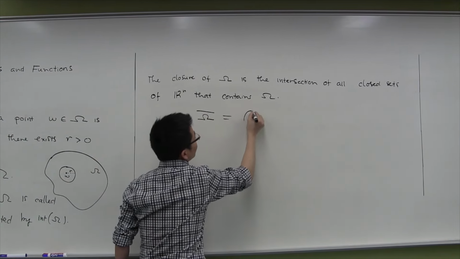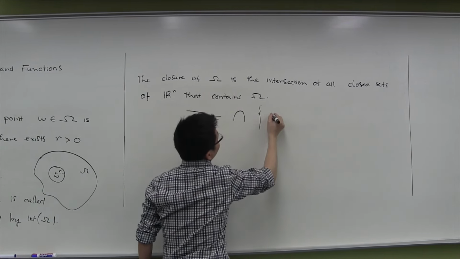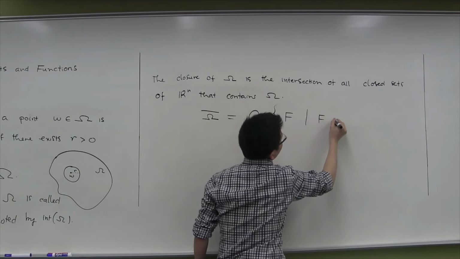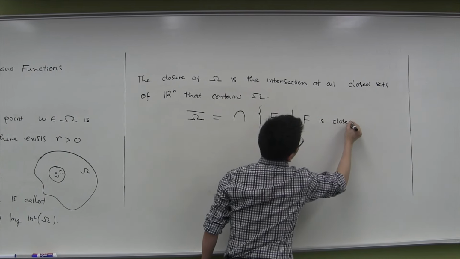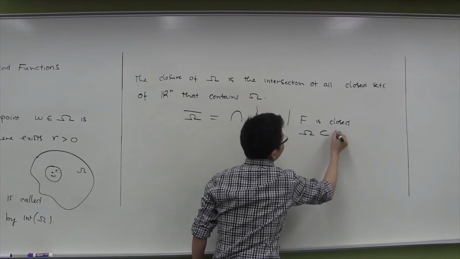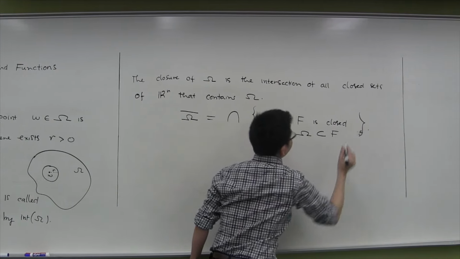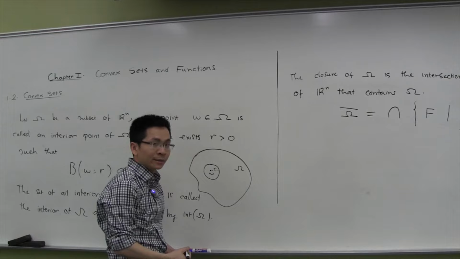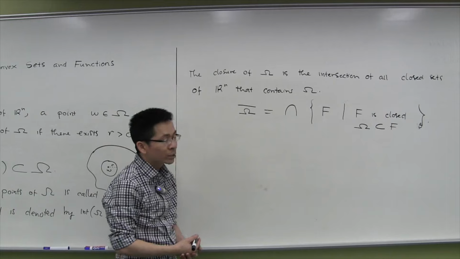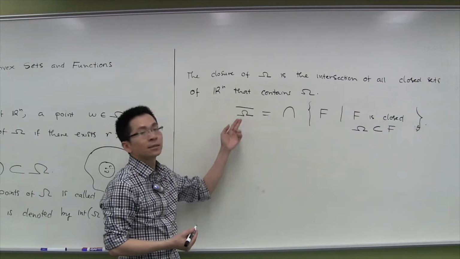It is the intersection of all sets F such that F is closed and omega is a subset of F. Okay, so from this definition, we see that the closure of omega is the smallest closed set that contains omega.